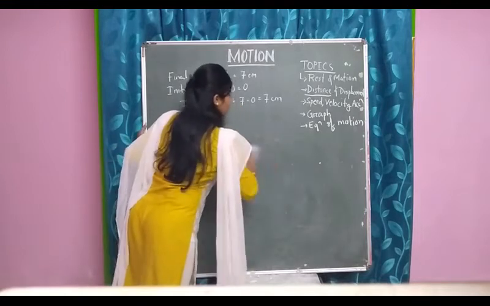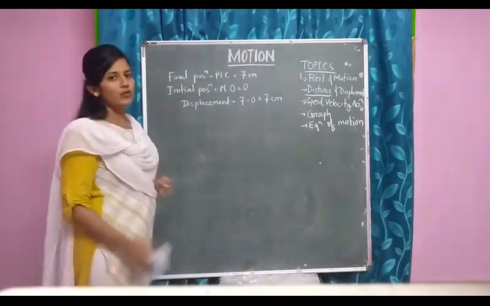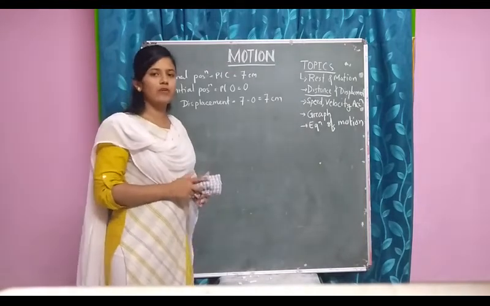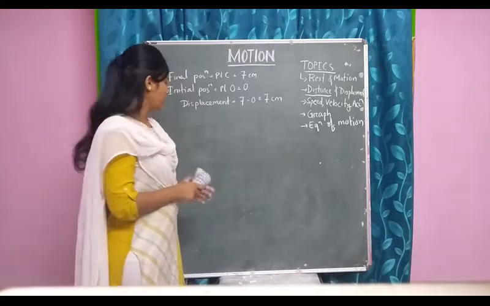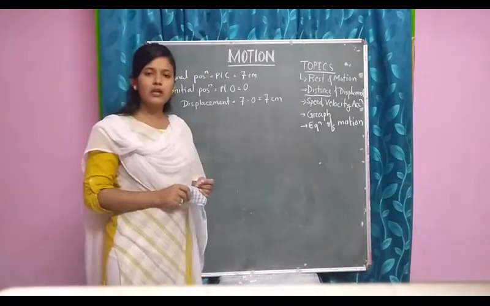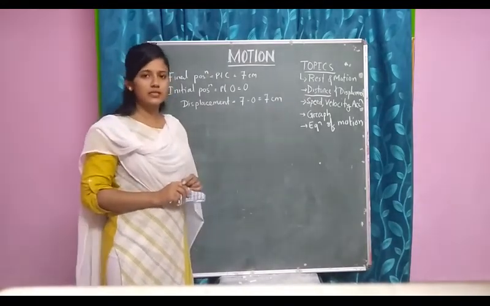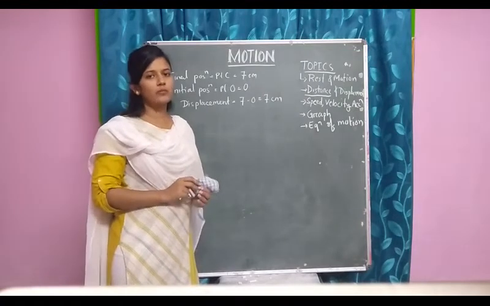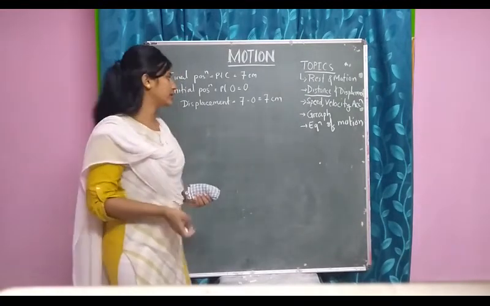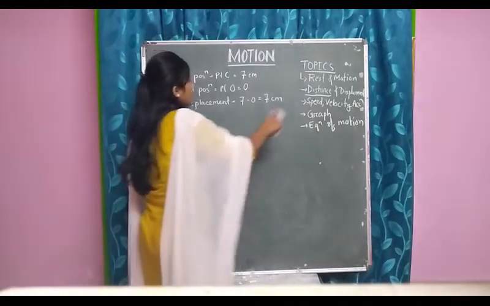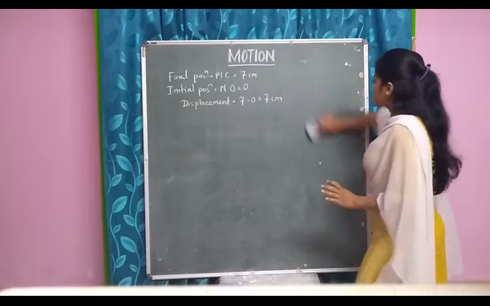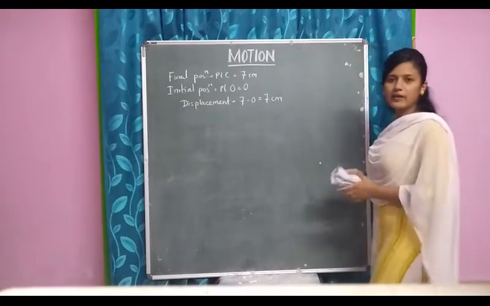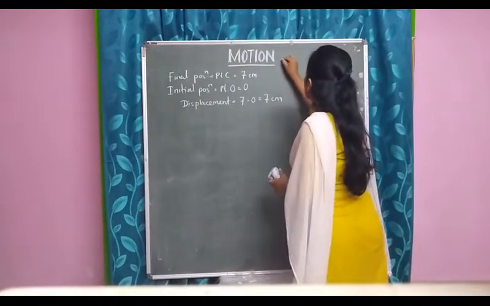So whenever a physical quantity requires only a numerical value, that is termed a scalar quantity, and if we require a numerical value as well as its direction, then that is termed a vector quantity. The first point regarding distance and displacement is the definition.